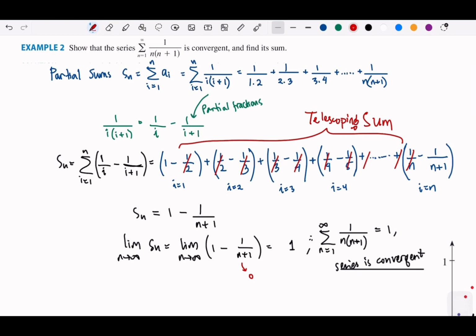If you see movies or maybe cartoons that have a pirate, usually they have a telescope that you can pull, and then they will extend, and then see. And telescoping sum means we pull the telescope and whoop, we squish, so we squish this like a telescope. So that's why the name is telescoping sum.